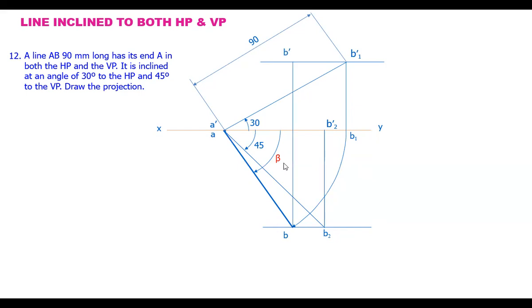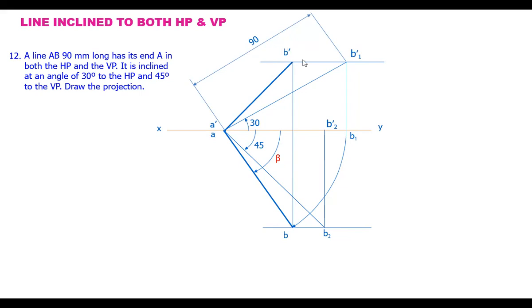Okay. Now directly we can draw the projector from B onto the front view here like this, and this projector intersects the locus in the front view at a point here called B dash. We can join A dash, B dash, and that is the final front view of the line.